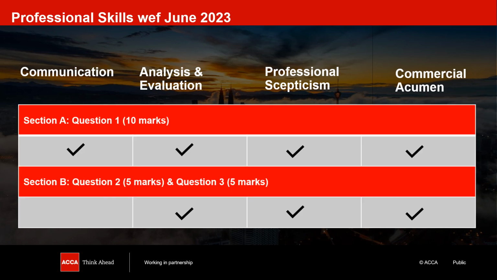All the 4 elements of the professional skills will be covered by question 1 under Section A, but only the last 3 skills will be covered in questions 2 and 3.